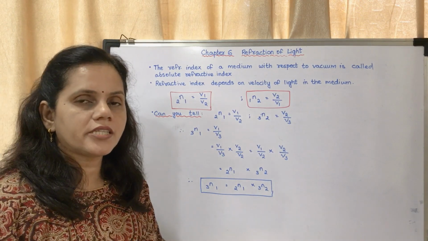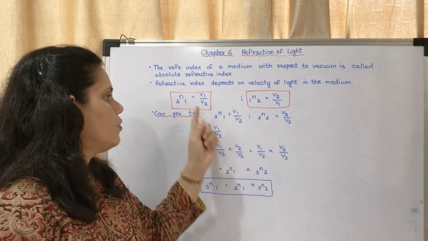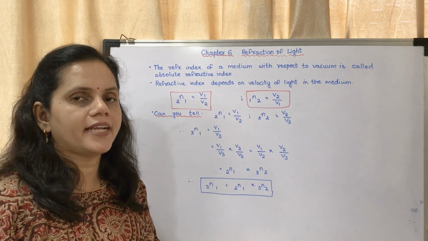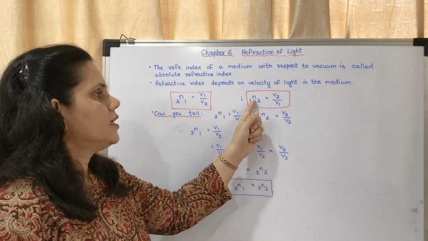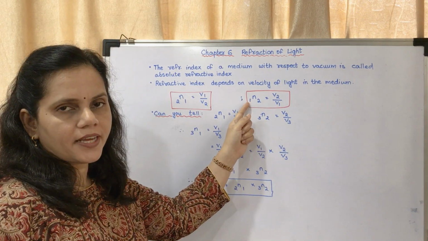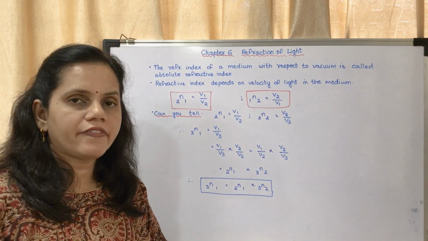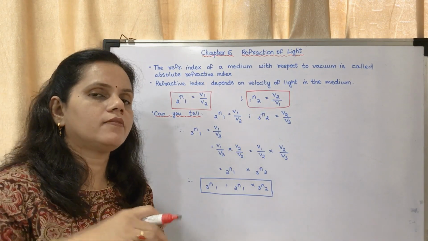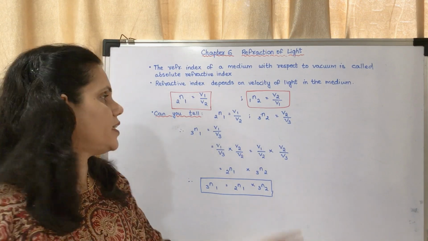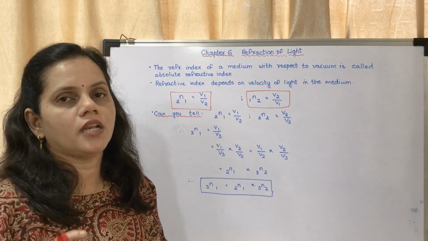V1 means the velocity of light in first medium. V2 means the velocity of light in second medium. This you have to learn.